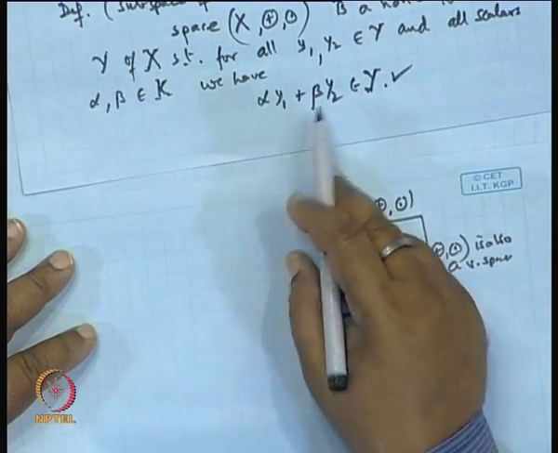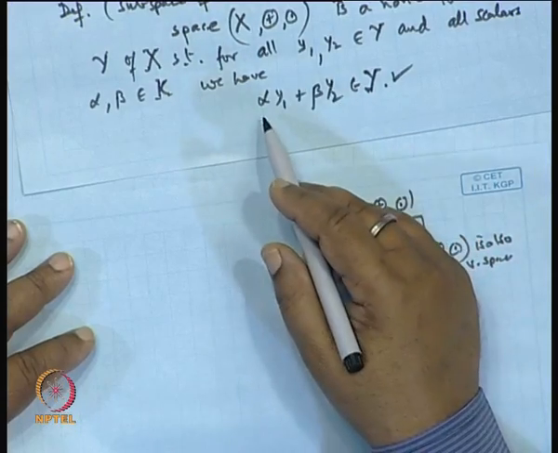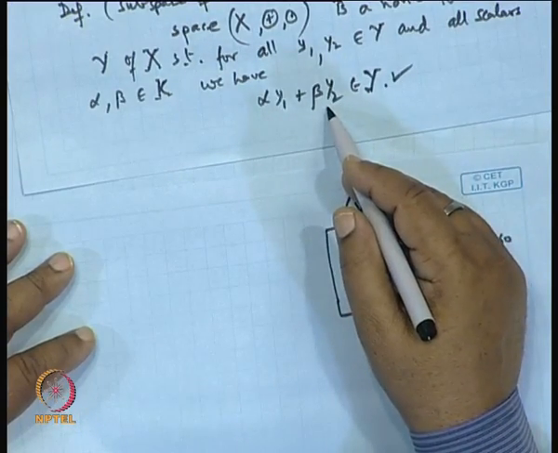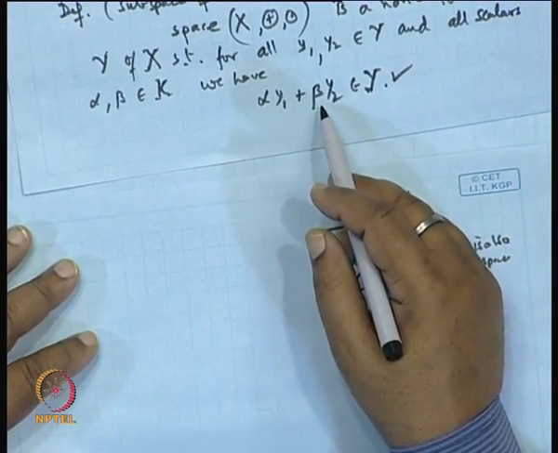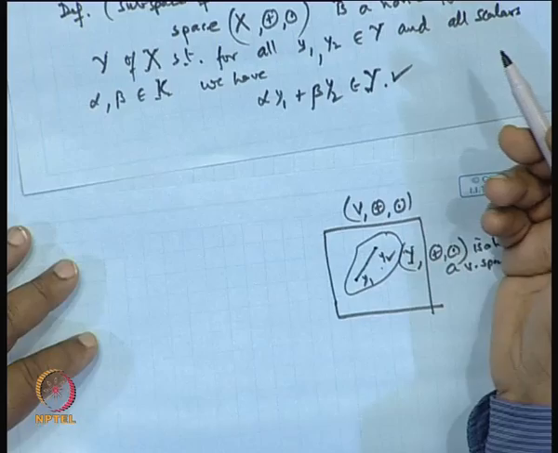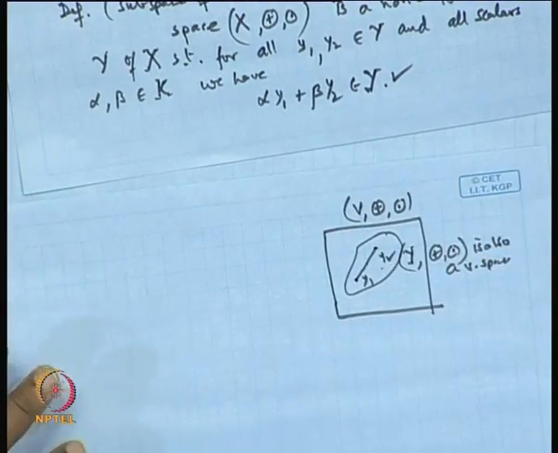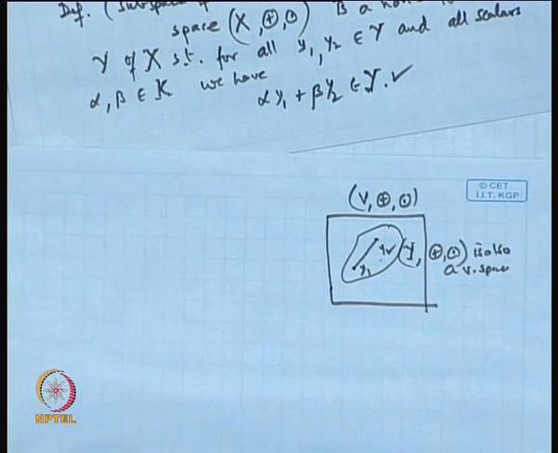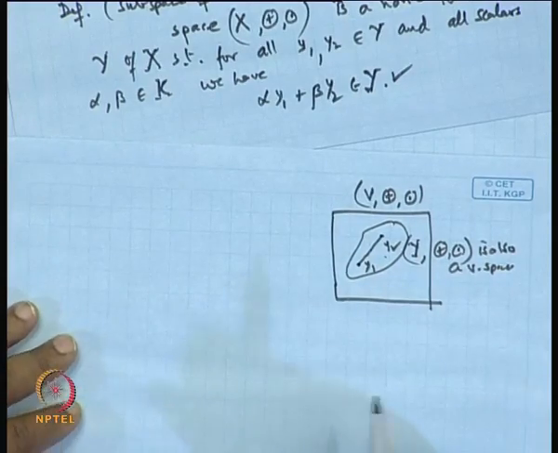Suppose I take alpha and beta equal to 1, then the closure property is satisfied. If I take beta to be 0, then scalar multiplication is closed. Similarly, if we take beta to be minus 1, alpha to be 0, it is the additive inverse for y 2, and all the properties can be derived. So, for a subspace, it is enough to show that if we pick up the 2 points y 1 and y 2, the linear combination alpha y 1 plus beta y 2 must be a point of Y. That forms a vector subspace.